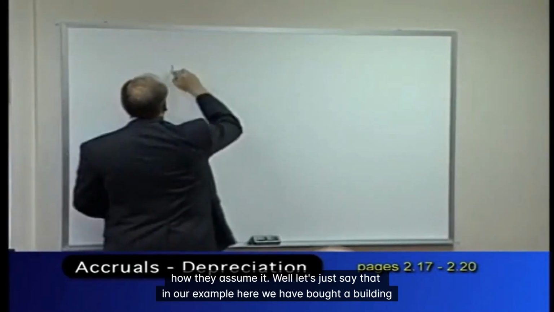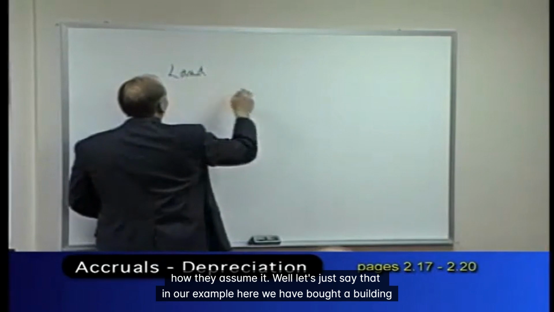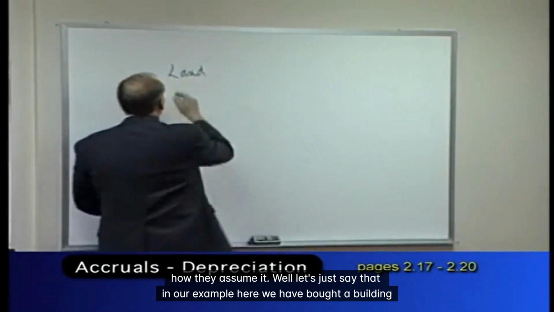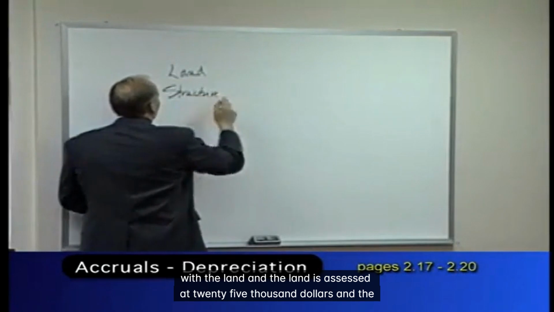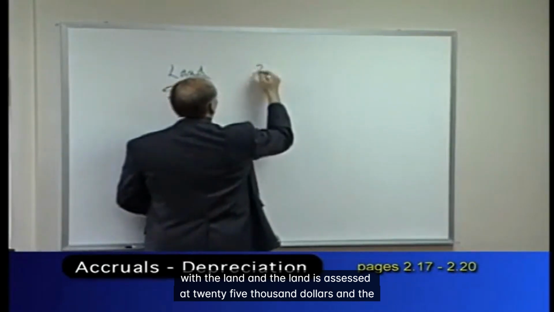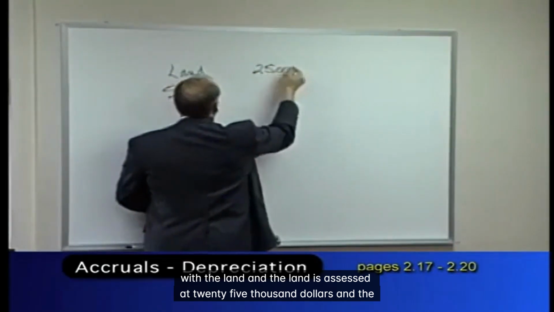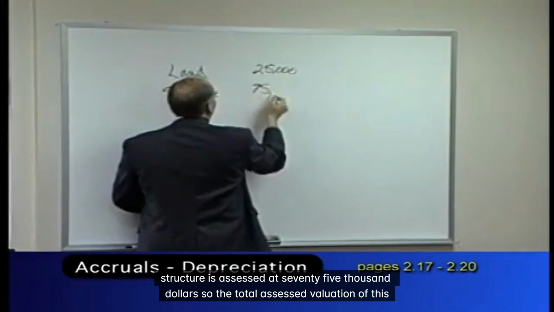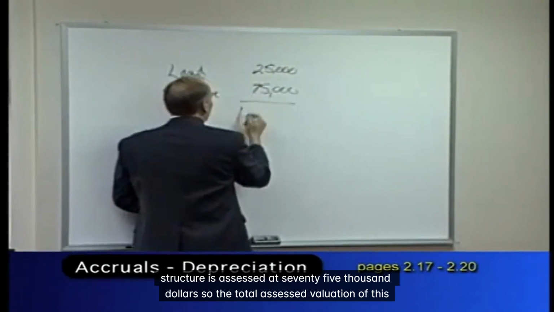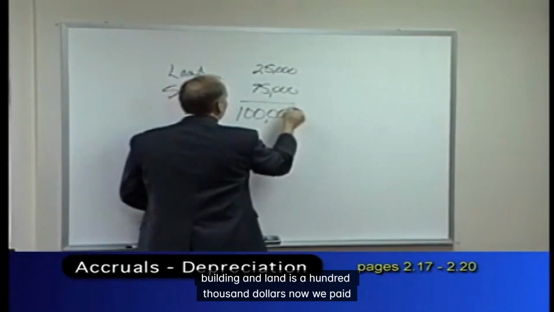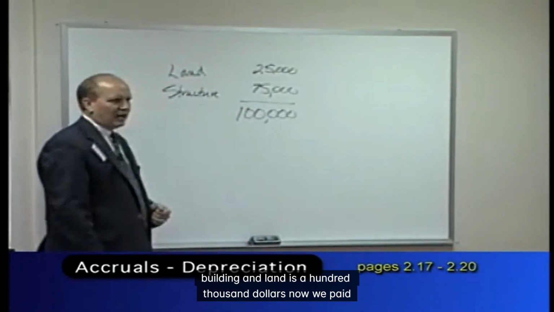Well, let's just say that in our example here, we have bought a building with the land, and the land is assessed at $25,000, and the structure is assessed at $75,000. So the total assessed valuation of this building and land is $100,000.